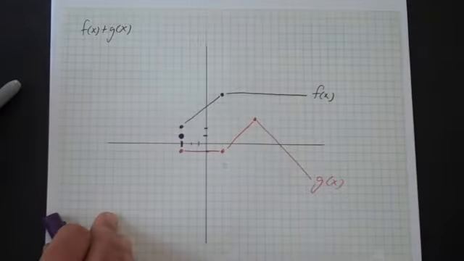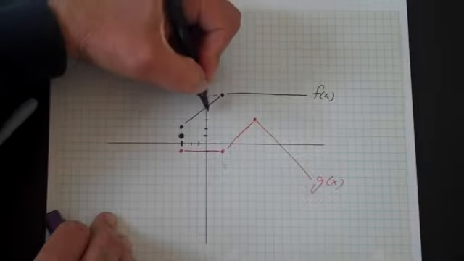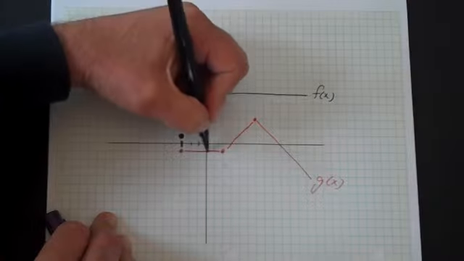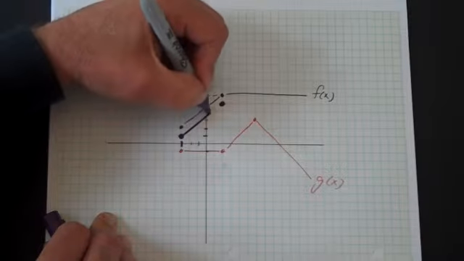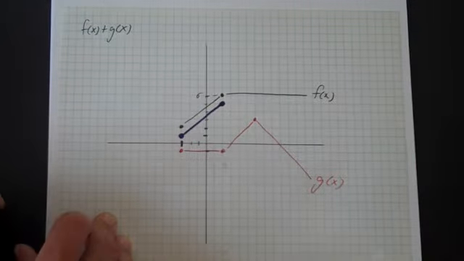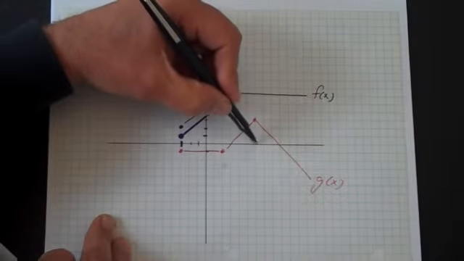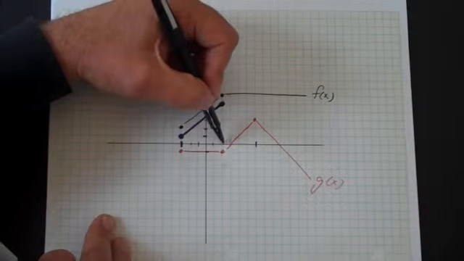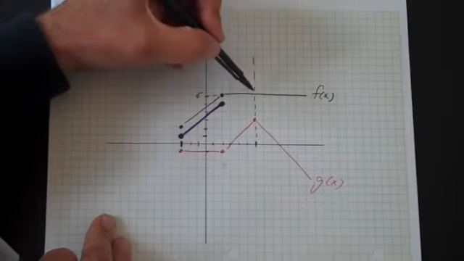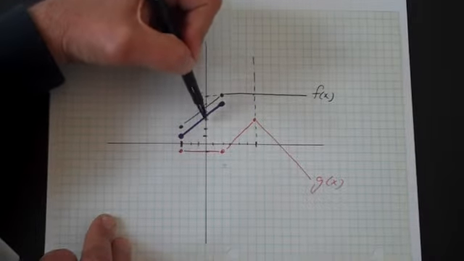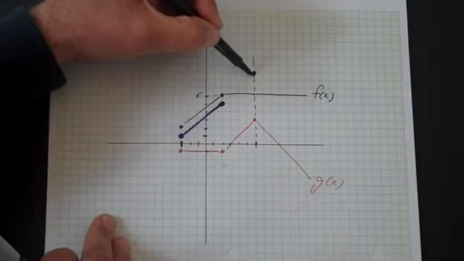The point here, if you notice, the y here is 6, and the other is still minus 1, so that would be 5. And that's the way the first part would look. The next part, f of x remains at 6, and g of x is 3, 6 plus 3 is 9, so that would be right there.